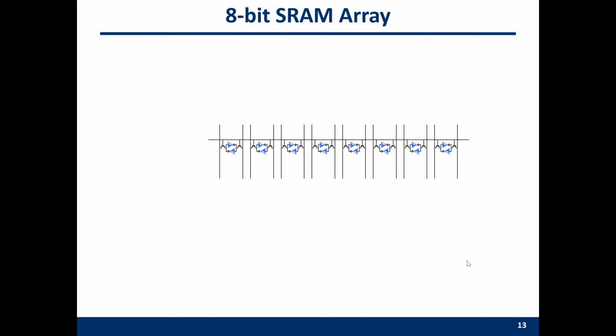So when I apply a 1 to this vertical line, it means that it's possible for me to access these cells, because they share the same horizontal line.